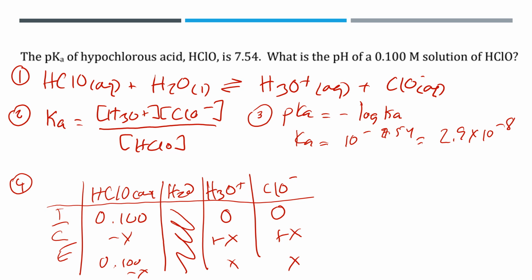So K sub A, I'm going to do it this way because we already have that in number 2. So 2.9 times 10 to the 8 equals x times x over 0.100 minus x.